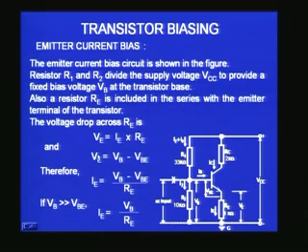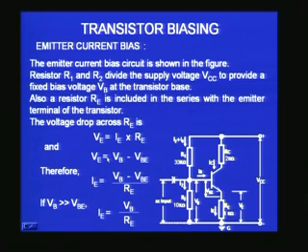And you can also look at VE in terms of the other voltages. If I know the voltage at the base as VB, and the voltage between the base and the emitter as VBE, we all know for a silicon transistor VBE is about 0.7 volts.